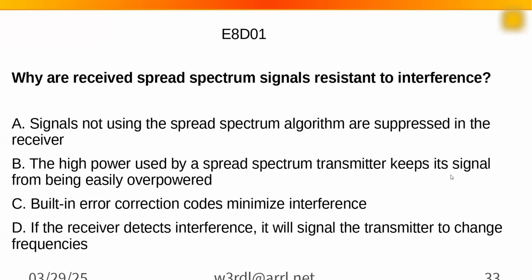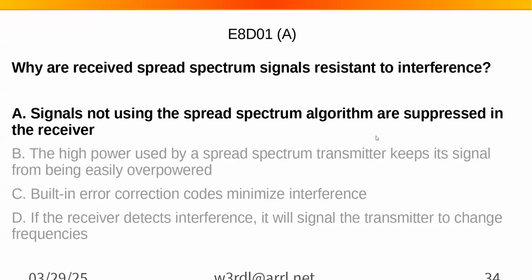Why are received spread spectrum signals resistant to interference? It has to match the sequence, and otherwise it ignores it.